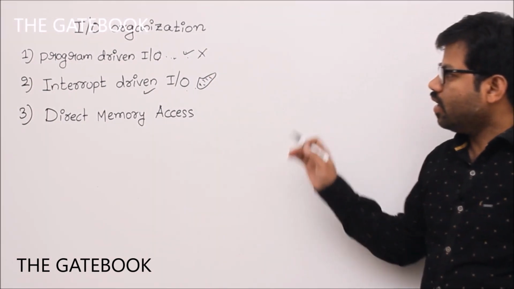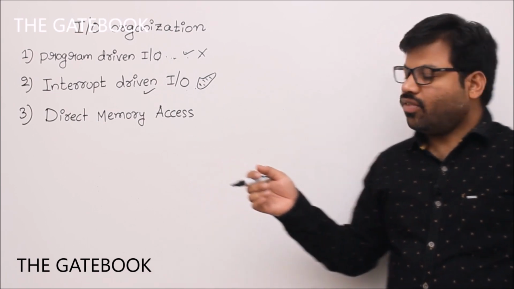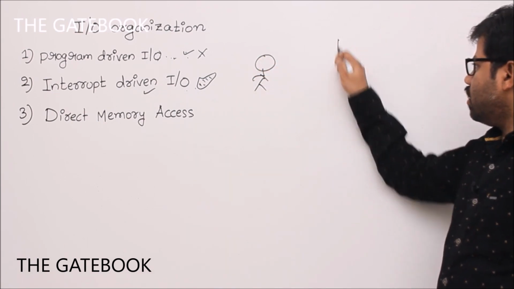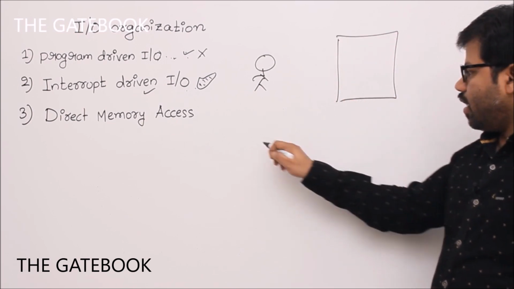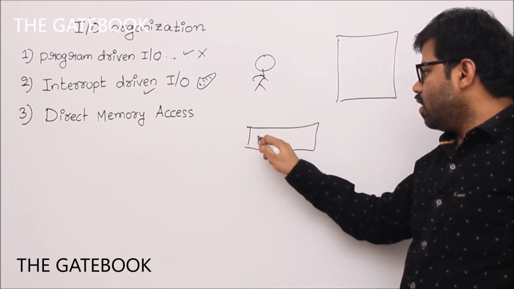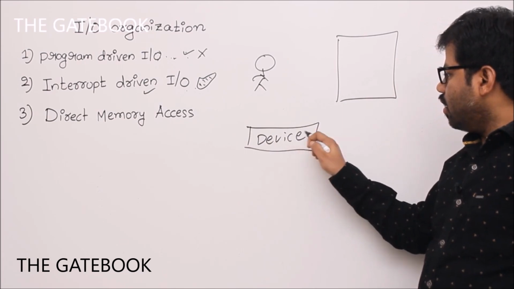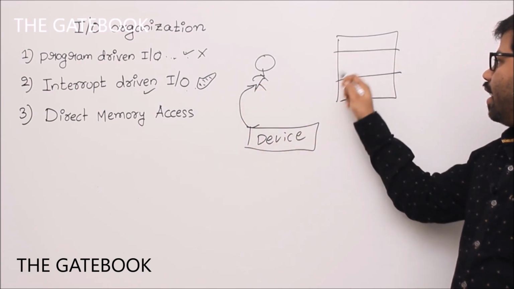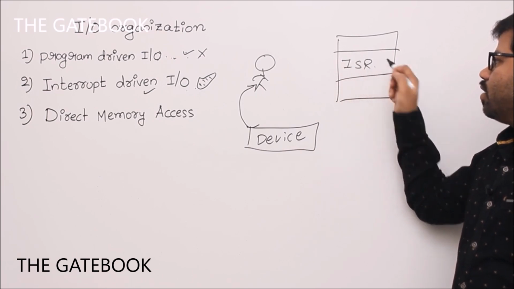If you see carefully, in interrupt driven IO generally what is happening is this: this is your CPU, this is your main memory and this is your device, right? Whenever the device has data, it is disturbing the CPU, and then the CPU is executing the interrupt service routine.